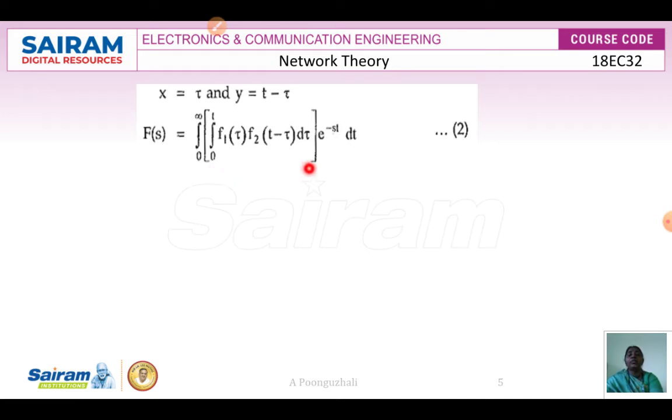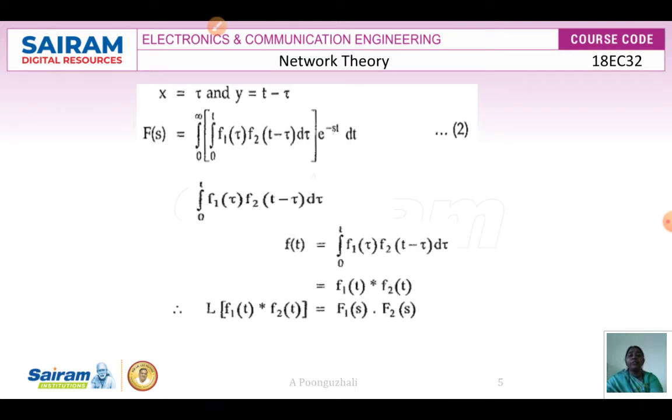So f of t is equal to integral 0 to t f1 of tau into f2 of t minus tau into d tau. This is nothing but the convolution of two signals, f1 of t convolved with f2 of t.